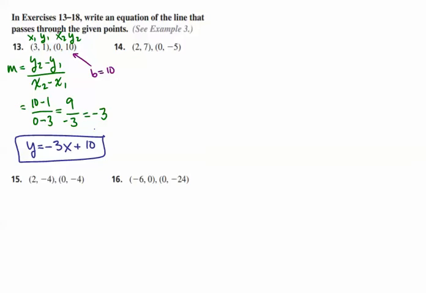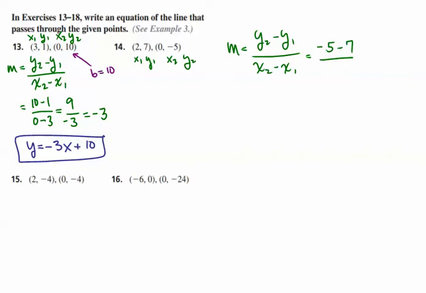Okay, moving on from that. Label my points x1, y1, x2, y2, m is equal to y2 minus y1 over x2 minus x1. y2 is negative 5 in this case. y1 is 7 over x2 is 0 minus x1 is 2.